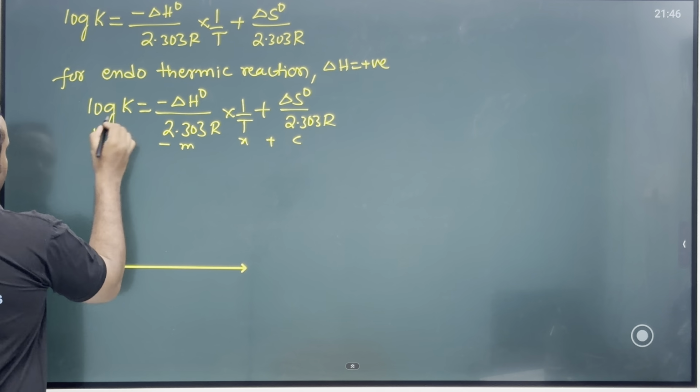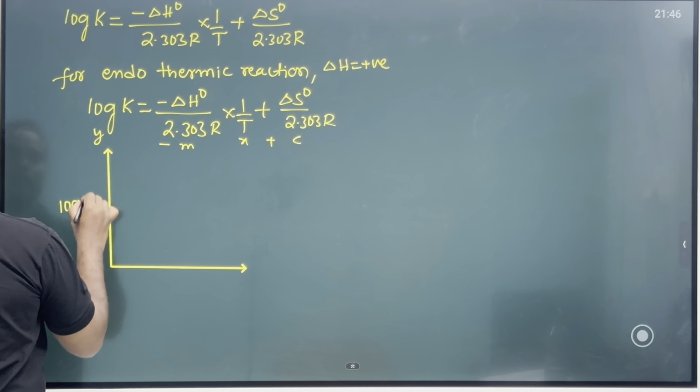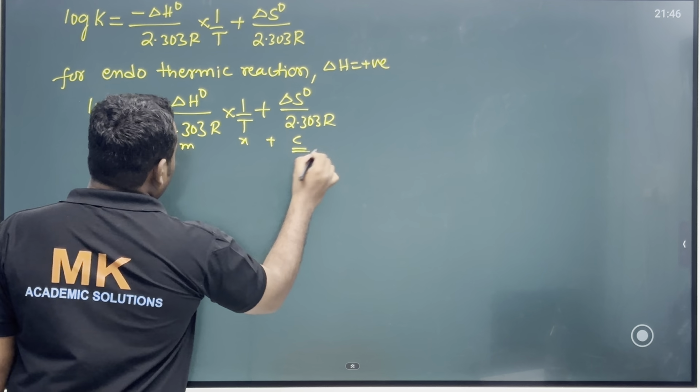Here y is log K, and c is the intercept on the y axis.